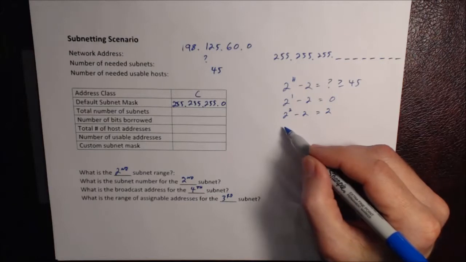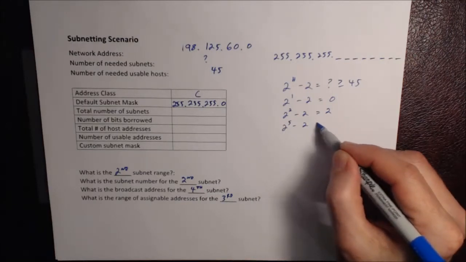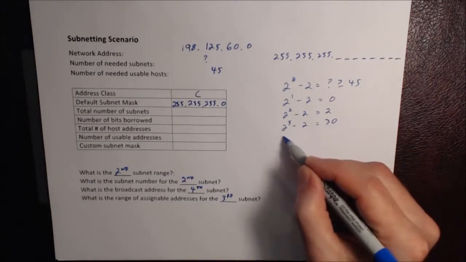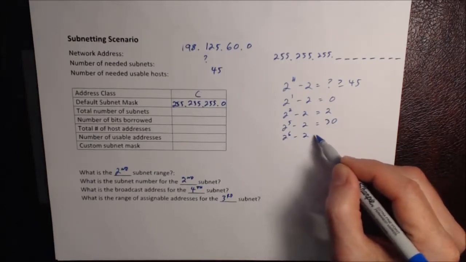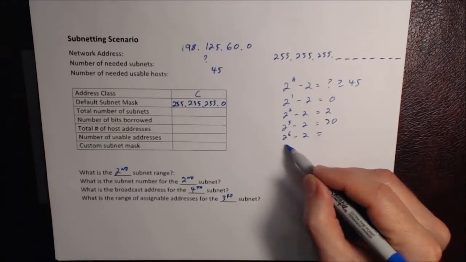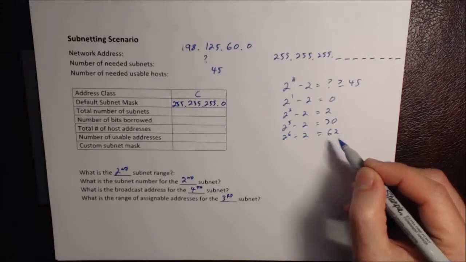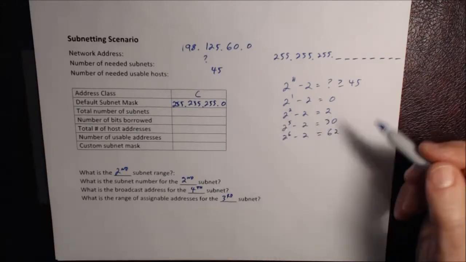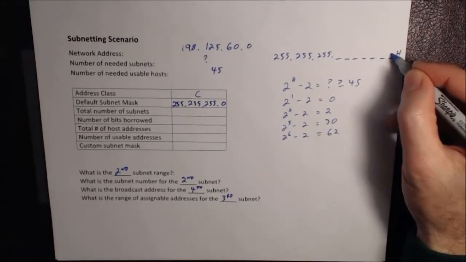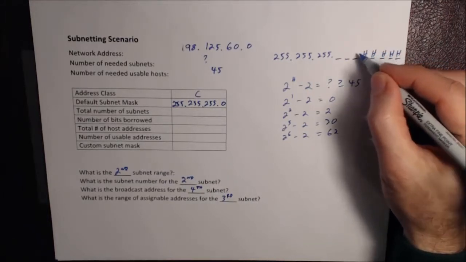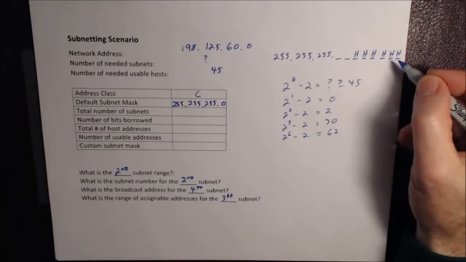And so we can keep going up. 2 to the 5th is 32, minus 2 equals 30. 2 to the 6th is 64, minus 2, which is 62. So we know that we need 6 host bits, and that will give us the number necessary for our problem. So there's our 6 host bits.